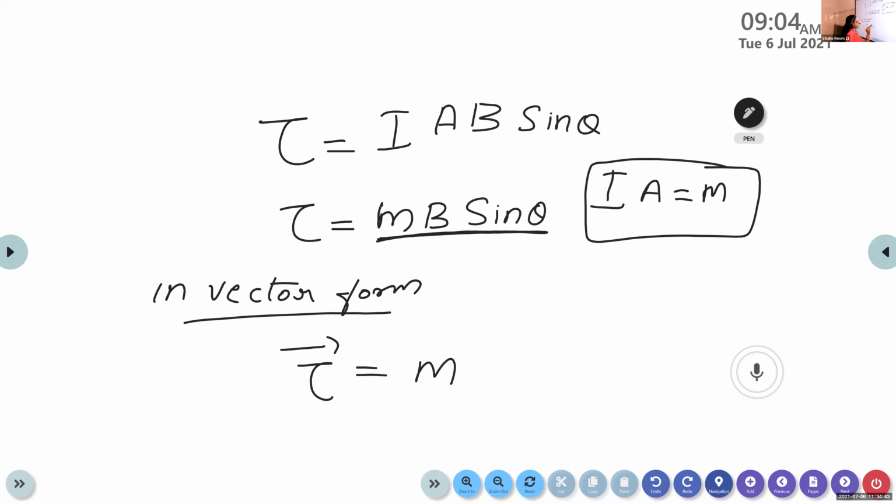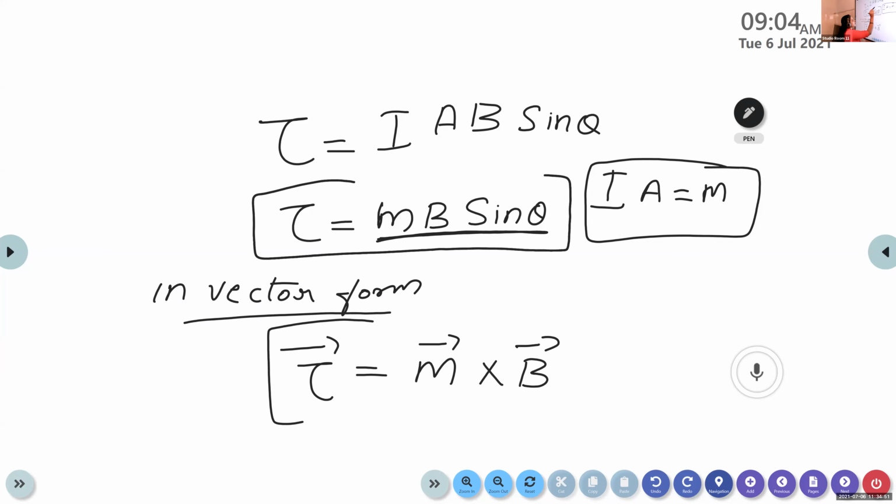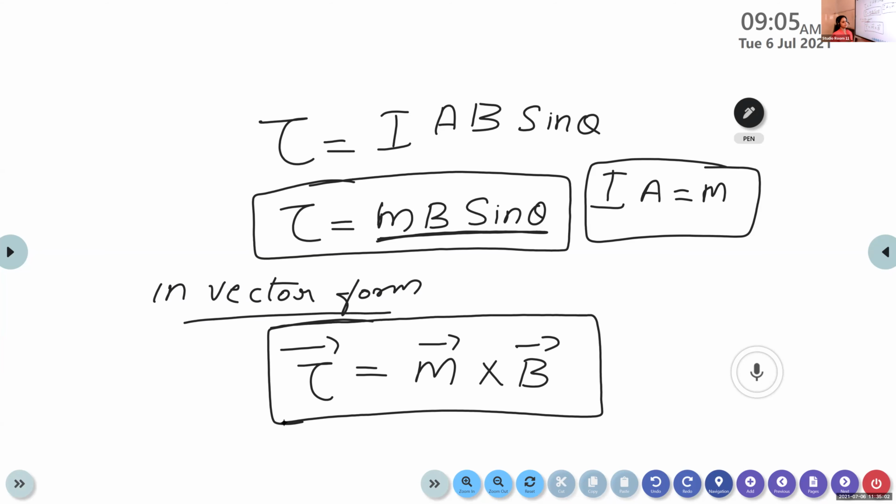So vector M cross vector B. So this is the expression for torque acting on a rectangular coil placed in a magnetic field, and this is the vector form of the torque acting on a rectangular coil when it is placed in a magnetic field.